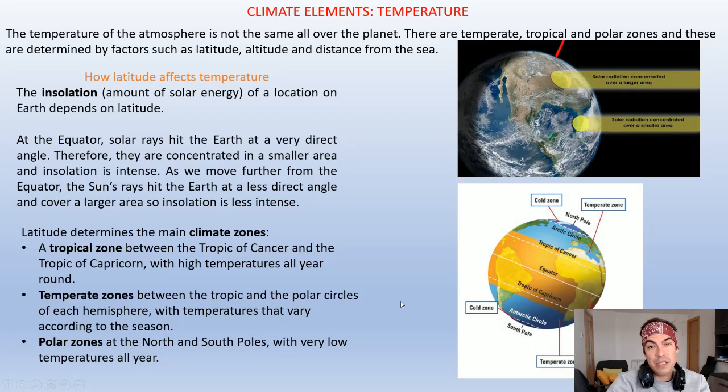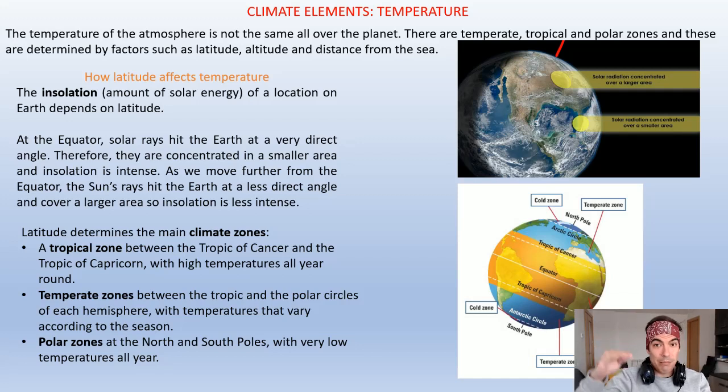Okay, in these zones, in the northern one of which Spain is located, the temperatures vary with the seasons. For example, in the northern hemisphere, in summer, which is mostly in July and August, the temperatures hit their maximum.